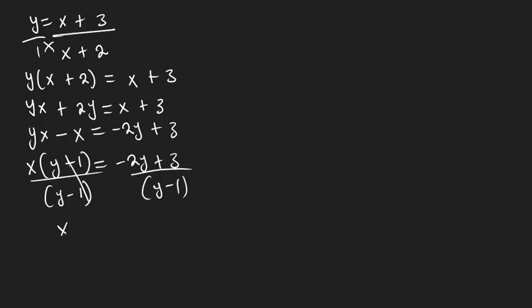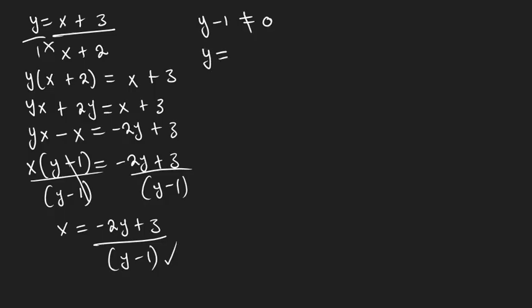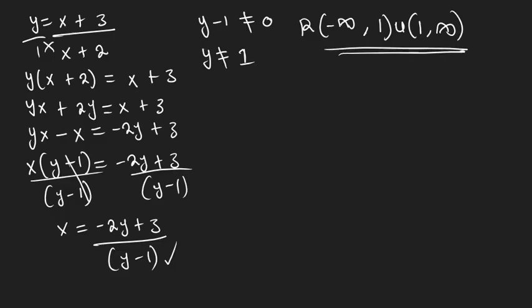So x equals (-2y plus 3) over (y minus 1). I can do the same to find the range: y minus 1 must not equal 0, so y must not equal 1. Hence the range is the set from -infinity to 1, the union of 1 to positive infinity. That is how you solve this particular question.